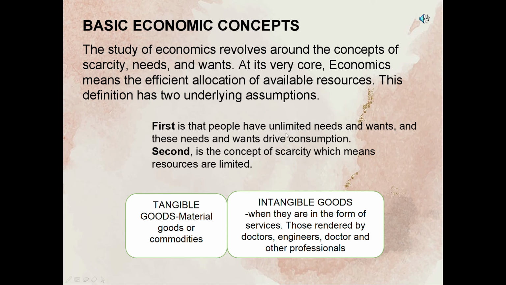We all have unlimited needs and wants, and these needs and wants drive consumption. Second is the concept of scarcity, which means resources are limited. This constraint leads to the allocation of available resources in the most efficient way possible.